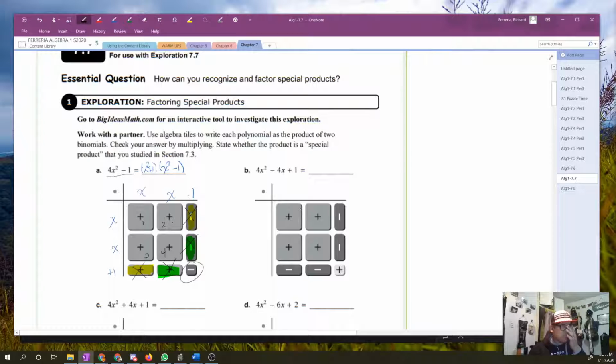Taking a look at this one, looks a heck of a lot the same as the other one. This is x. This side is also a length of x. There's a -1. This is also an x, and a -1. But you notice over here, when you do -1 times -1, you get a +1. So that is 2x minus 1, 2x minus 1.